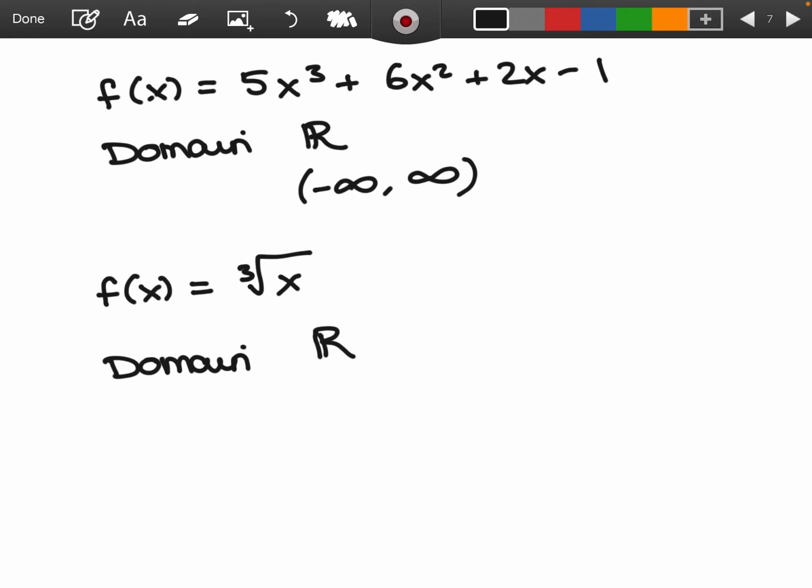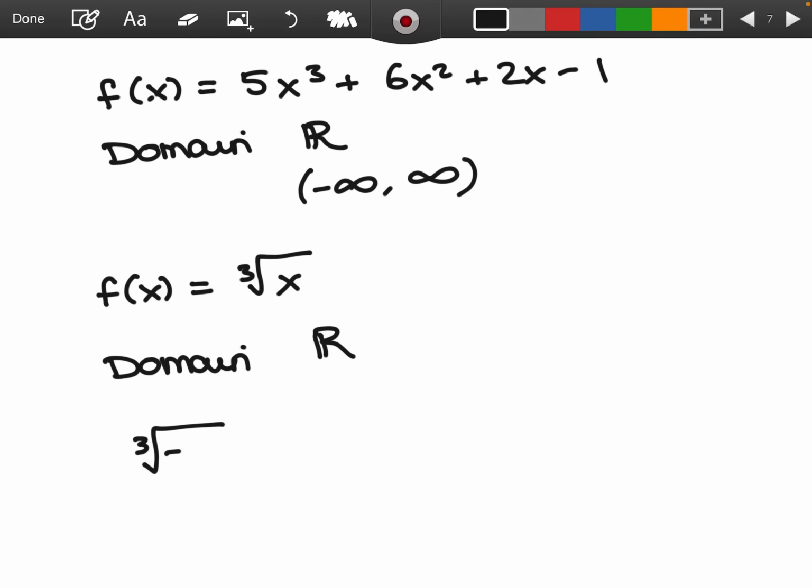It's only when we have even roots, like the square root, that I have to be aware of negatives underneath that root. If it is a cube root, a fifth root, a seventh root, the domain is all real numbers. It doesn't matter what's underneath that cube root.